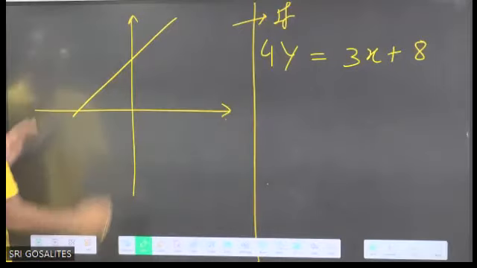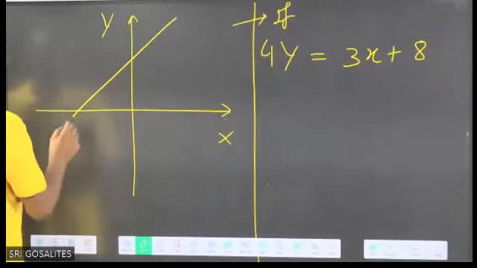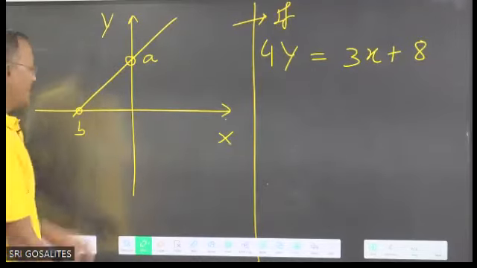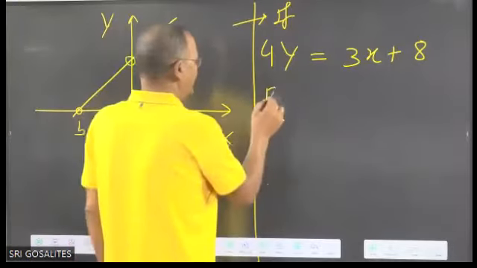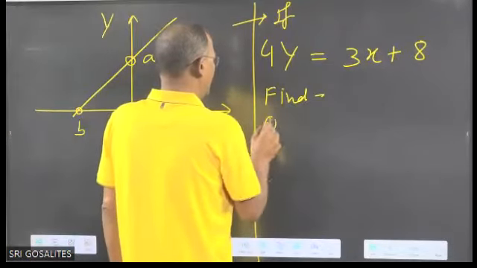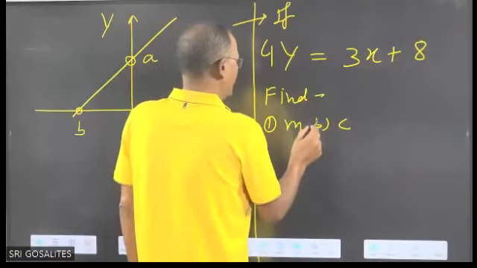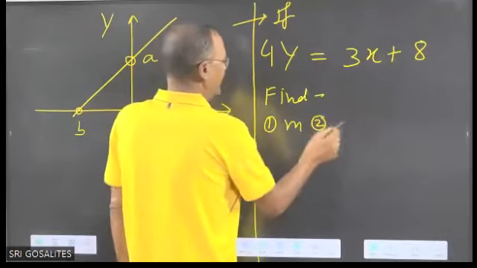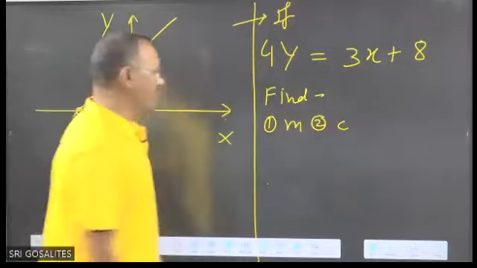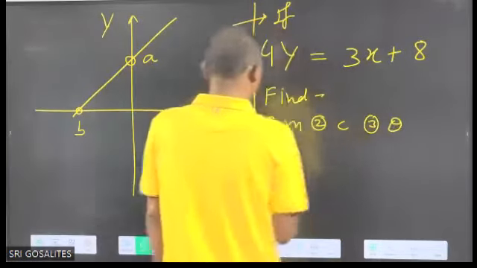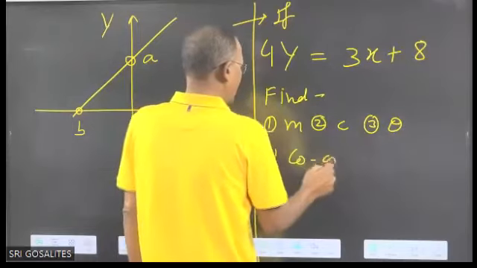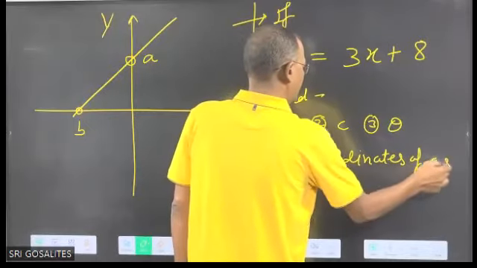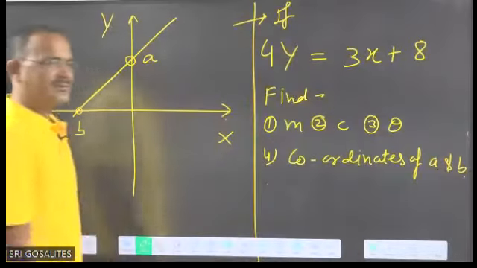If this is the equation of this line, y-axis, x-axis, point A, point B, the line is cutting the y and x axes at A and B, then find number 1, slope, number 2, intersection. What is the meaning of intersection, children? Tell me. Number 3, angle. Number 4, coordinates of A and B. Come on.